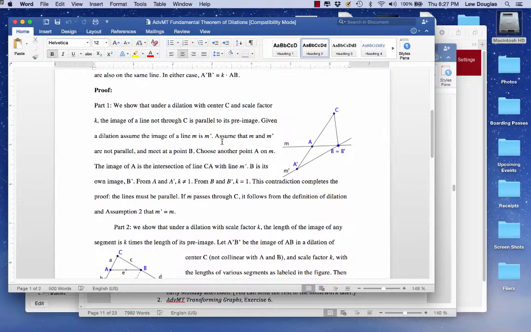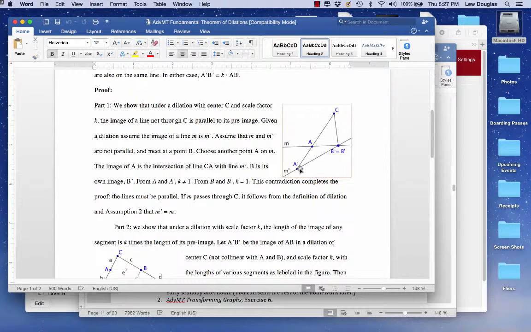Given a dilation, assume that the image of line M is M prime here. And suppose it's not parallel. This is an indirect proof, which I know you covered either in geometry or in advanced math topics, advanced abstract math, which you did in the fall, some of you with Dr. Fitzpatrick.